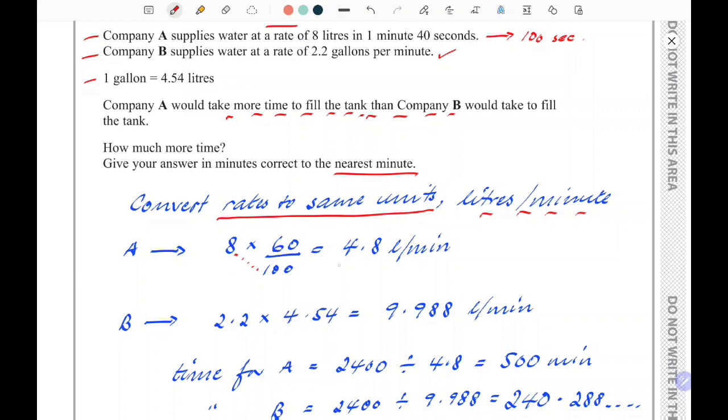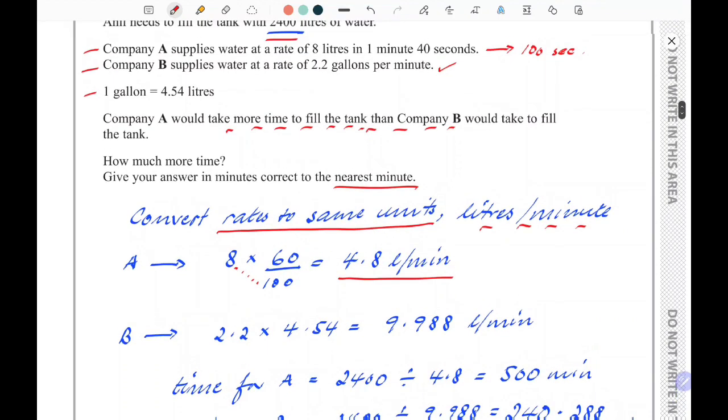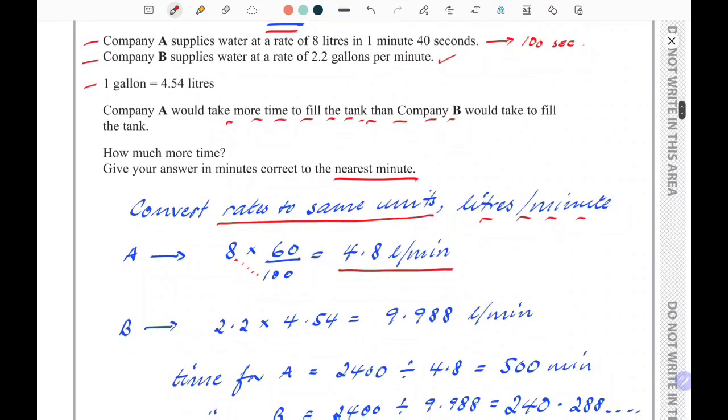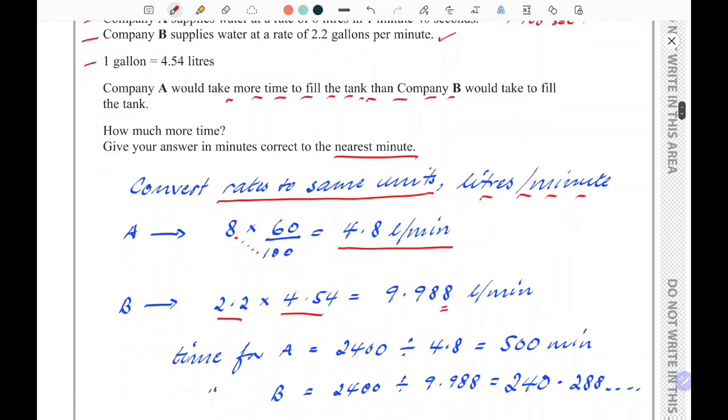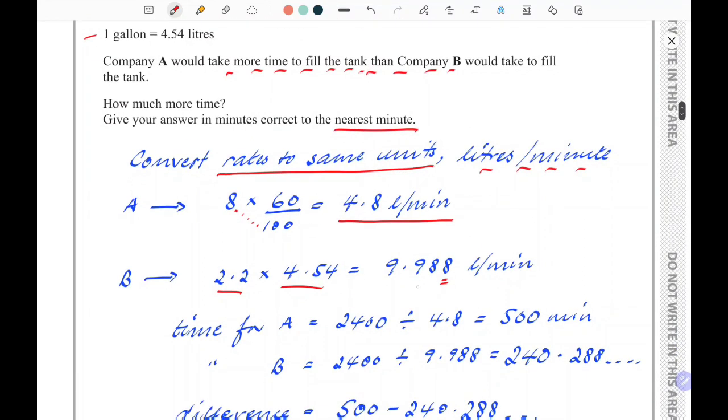So that actually gives us 4.8 liters per minute for company A. The calculation for B is that we know it's 2.2 gallons there, and each gallon is 4.54. So company B is actually supplying 9.988. I've kept the extra decimal just to keep the calculation as accurate as possible. And that's almost 10 liters per minute.